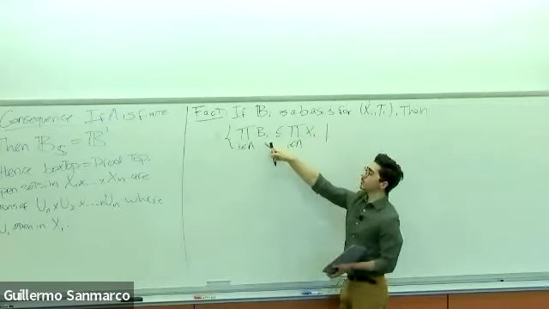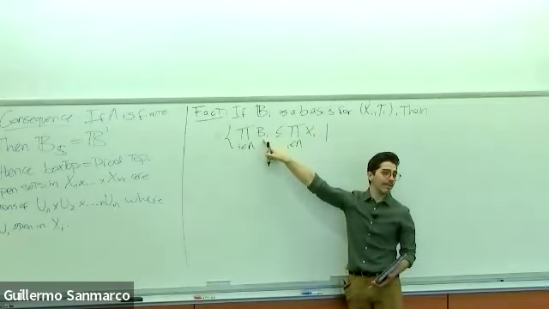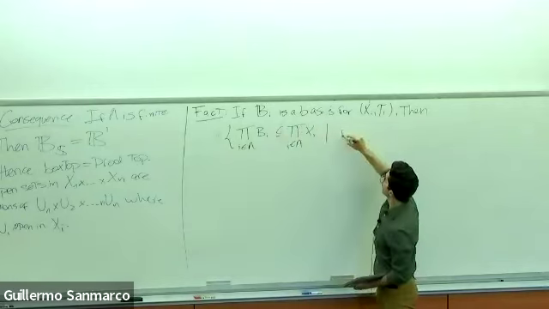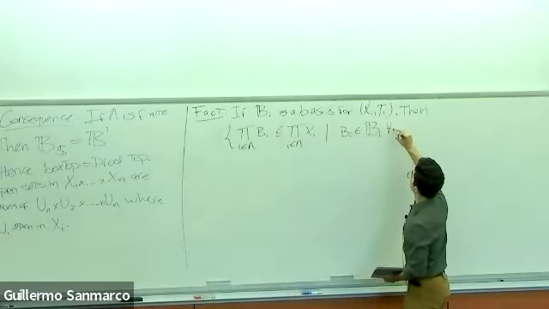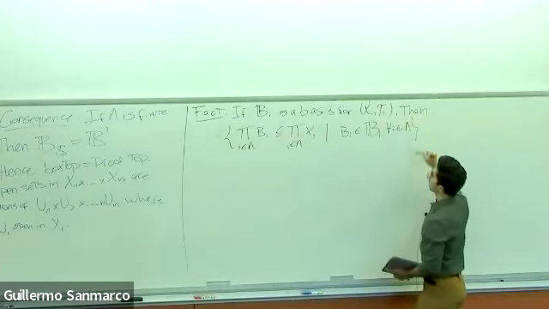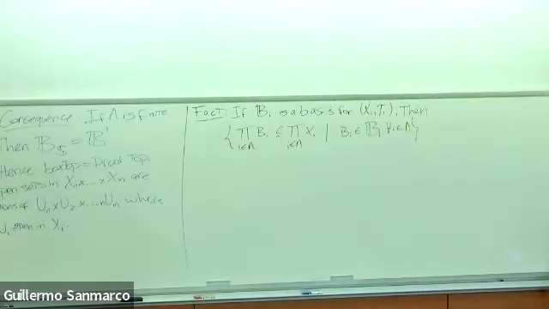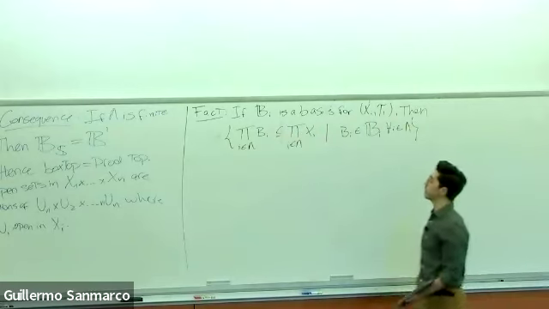But now instead of asking for Bi to be open, I will just ask for Bi to be a basic set. Then this is a basis for the same thing, for the box topology.